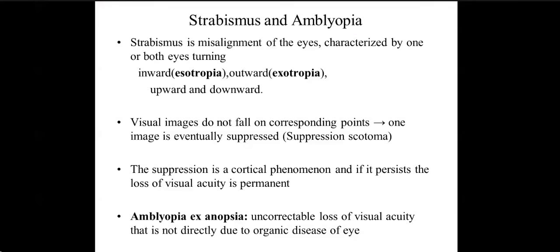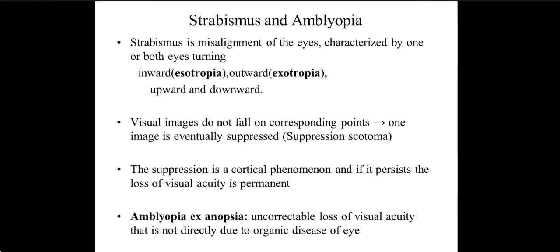Visual images do not fall on corresponding points. One image is eventually suppressed. So if there is strabismus, then there will be diplopia. You have done the diplopia experiment just now: I told you to keep your eyes open and press one eye, and you get 2 lines, isn't it? So in strabismus also the same thing happens.